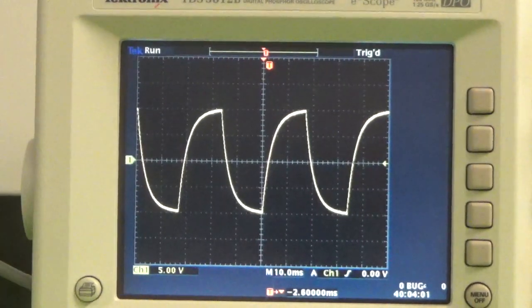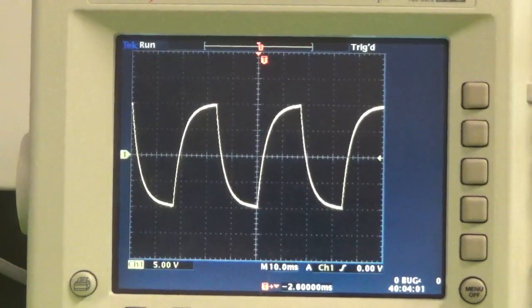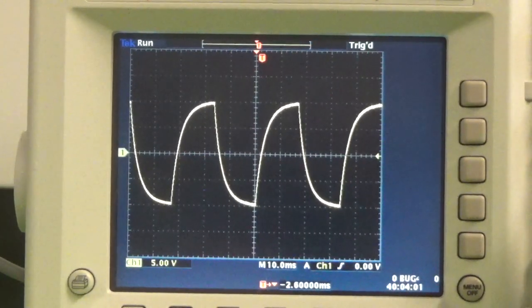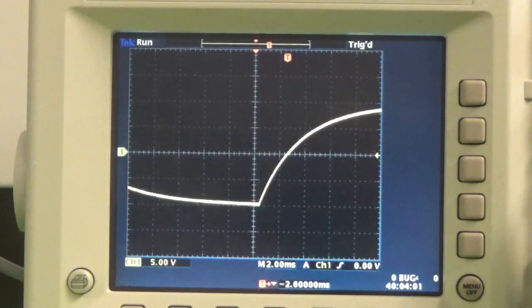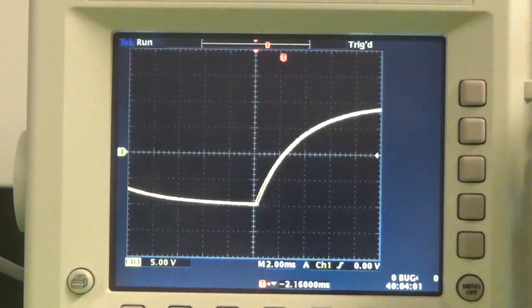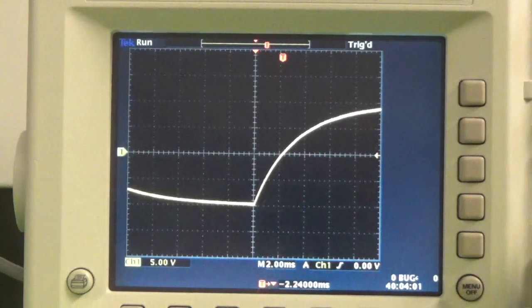Okay, now we will try to measure t half. To do that, we need to expand the time division like this.